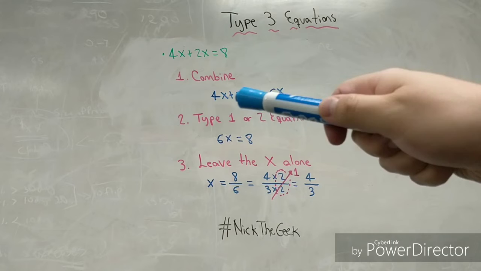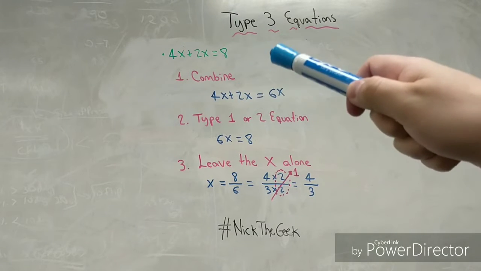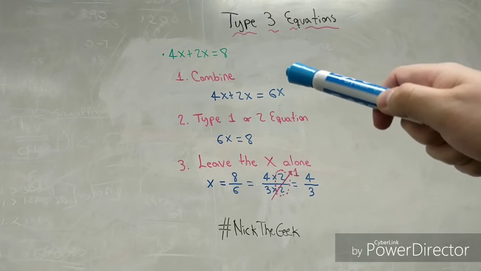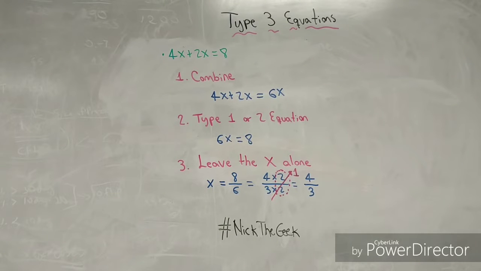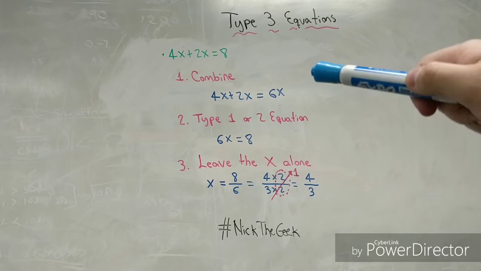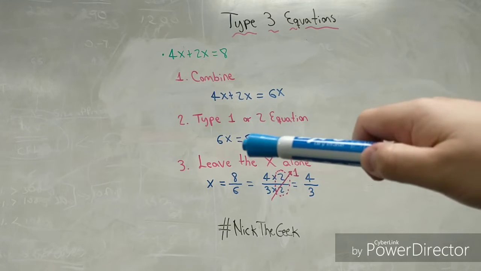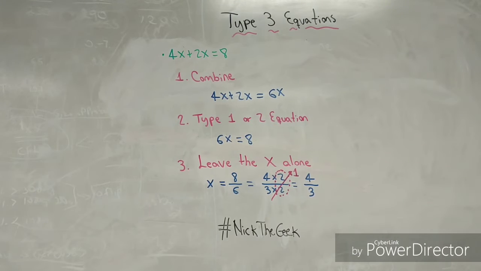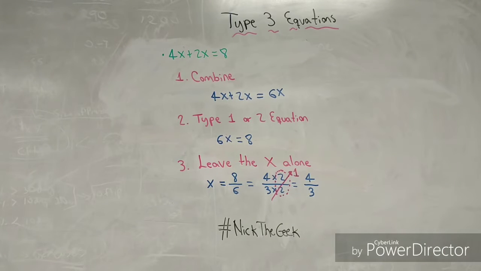So 4x plus 2x is going to be 6x. 4 plus 2 equals 6, and x remains because it's the same variable. As a result, we're going to have a type 1 or 2 equation. In this case, 6x is going to be equal to 8. And now we can solve for x. How do we solve? Leaving the x alone. We have seen this in previous videos.